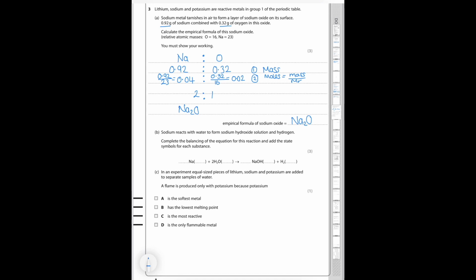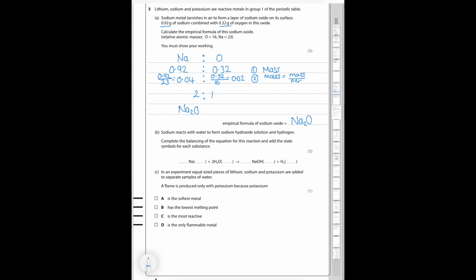So if we look on the reactant side, initially we have 1 sodium on our reactant side and 1 sodium on our product side. Then if we go across to our waters, we've got 2 H2Os, so we've got 4 hydrogens on our reacting side, and we have 2 hydrogens as a gas, but 1 hydrogen in the sodium hydroxide.